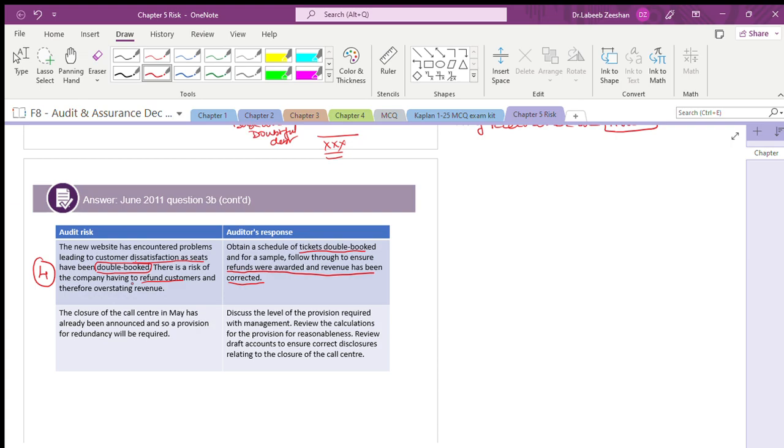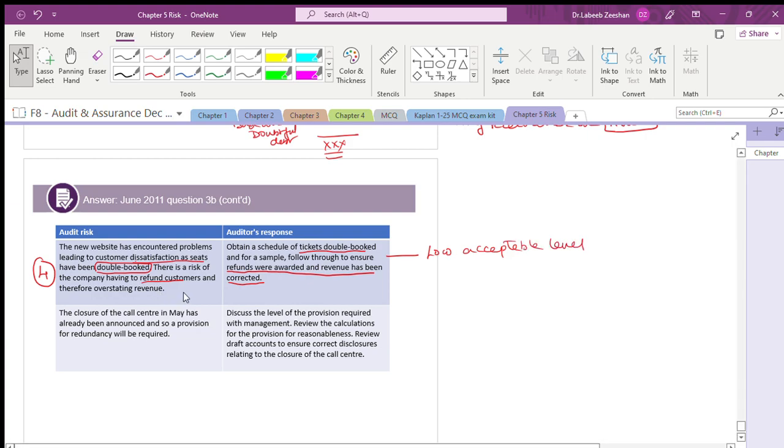Now, what is our response? When we say audit response, it is to a low acceptable level. You have to reduce the risk to the lowest level. There will be a risk, but the risk should be at the lowest level.